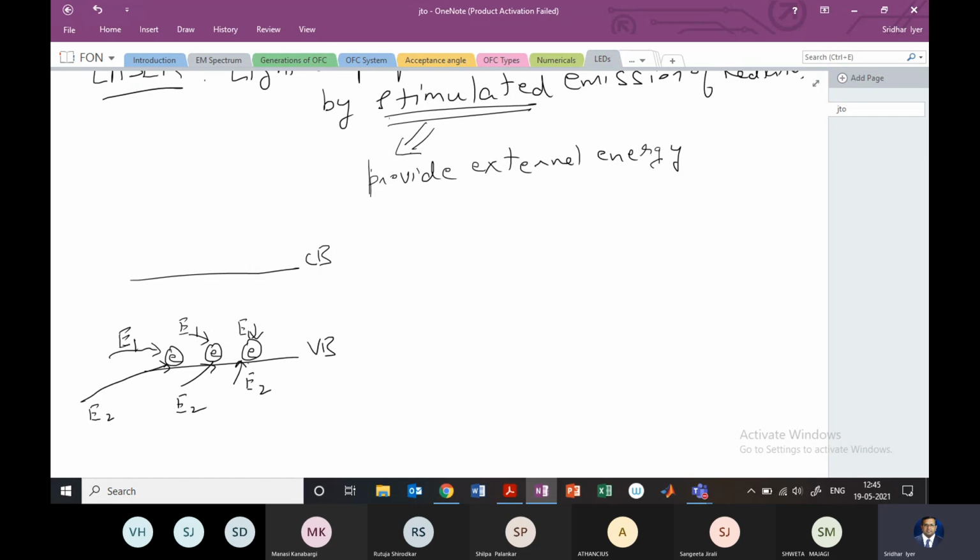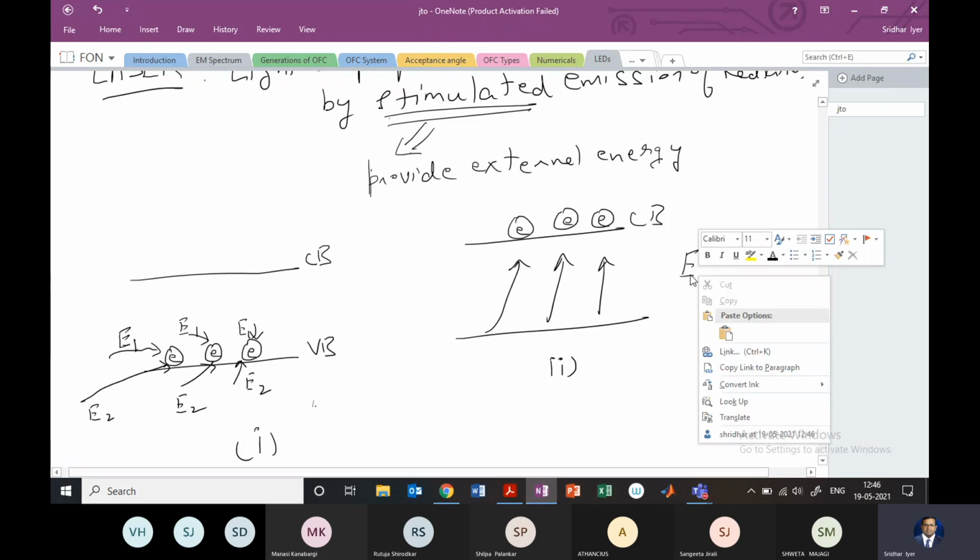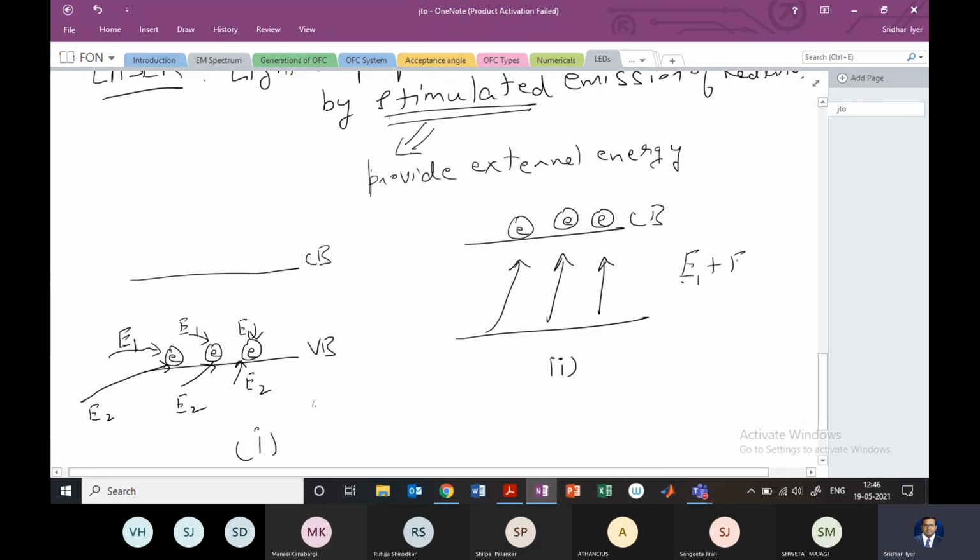so that now the electrons, if I call this diagram number 1, in the second diagram, diagram number 2, now the electrons would have moved up in the conduction band, right? So they've all moved up here, and now the energy which each of these electrons has is E1, the energy due to absorption, plus the energy which we had supplied externally.